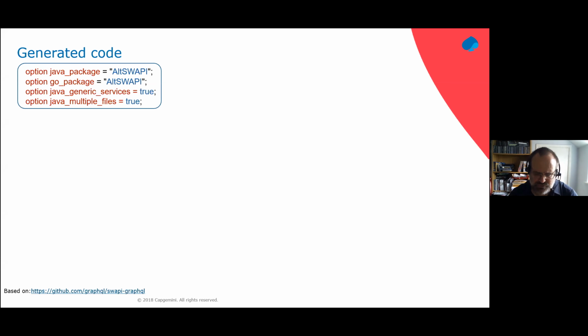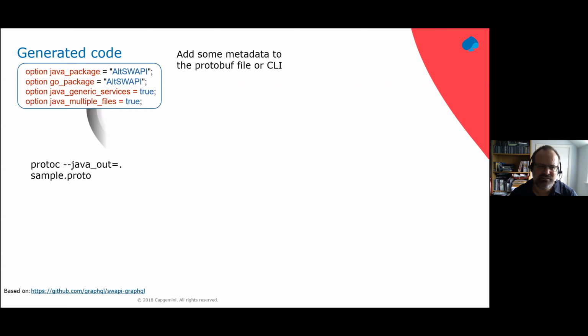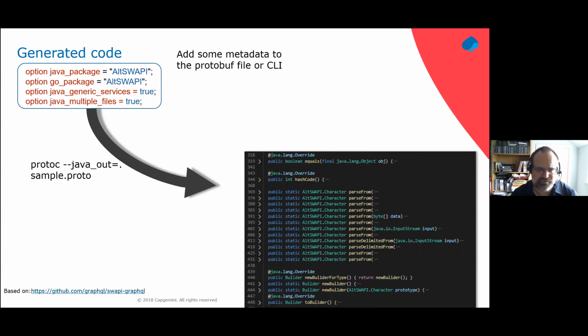That's useful if you've got multiple objects being defined, because do you want it in inner classes or not, or completely separate classes for it. Okay, so we give that, and then the proto compiler generates the Java code, and you will get something like this down here.